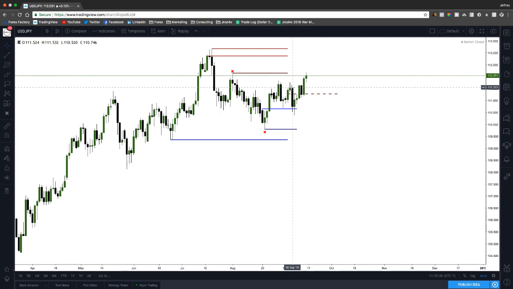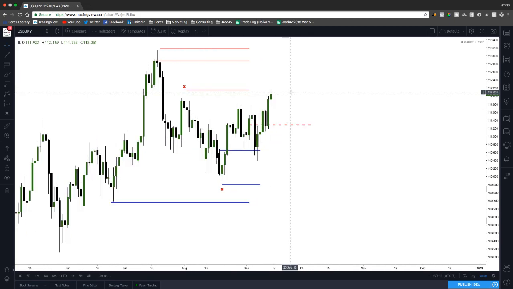Put it that way. So this pair more or less can do its own thing. So in my opinion, you have to rely more on the technicals. So you have to rely on the turtle soups, the bullish order blocks, the bullish and bearish breakers, directional analysis, where's the liquidity, equal highs, equal lows, all that stuff.